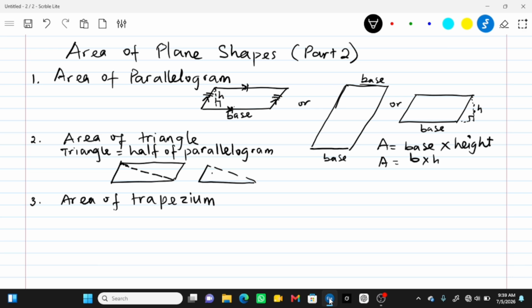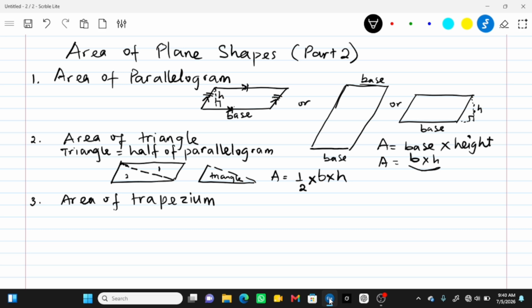This is a triangle, and this is another triangle. So that means the area should be half times base times height. So the area of a triangle is half base times height.